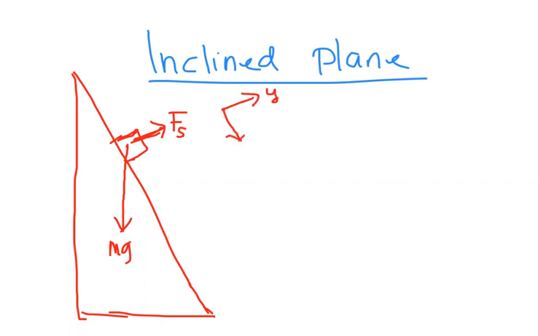That means going this way, down here, is positive. Otherwise, everything is negative. I have drawn the gravitational force straight downward. It is vertical, actually parallel to this vertical line here. And the support force is perpendicular to the surface of the inclined plane right here.